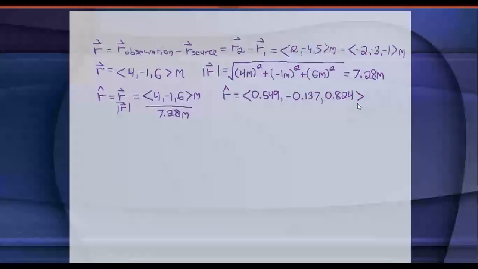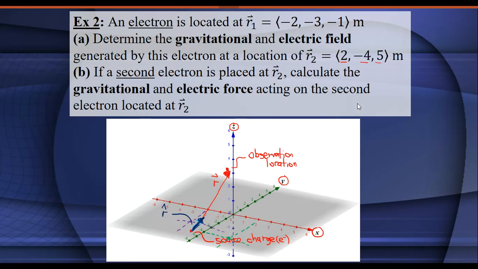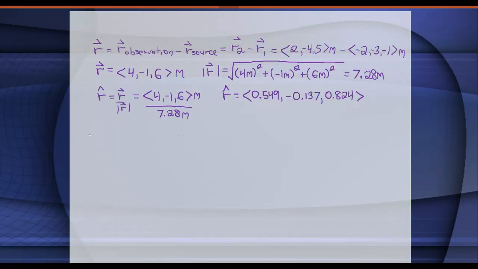Okay, now we're finally ready to start calculating the gravitational and the electric field, which is what part A wants us to do. We're going to use our three-dimensional equation. Our equation tells us that the gravitational field is equal to negative G m divided by the magnitude r squared, multiplied by that unit vector. This mass is going to be the source mass. So let's plug numbers in.